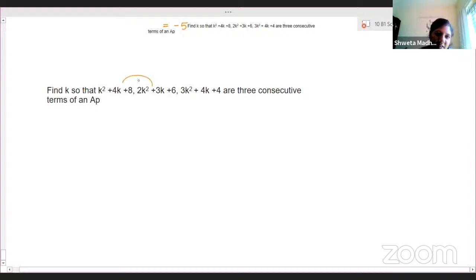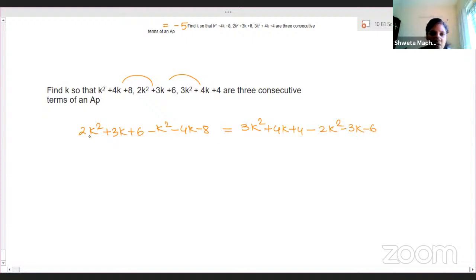Here, this minus this is equal to this minus this: 2k square plus 3k plus 6 minus k square minus 4k minus 8 is equal to 3k square plus 4k plus 4 minus 2k square minus 3k minus 6. 2k square minus k square is k square.